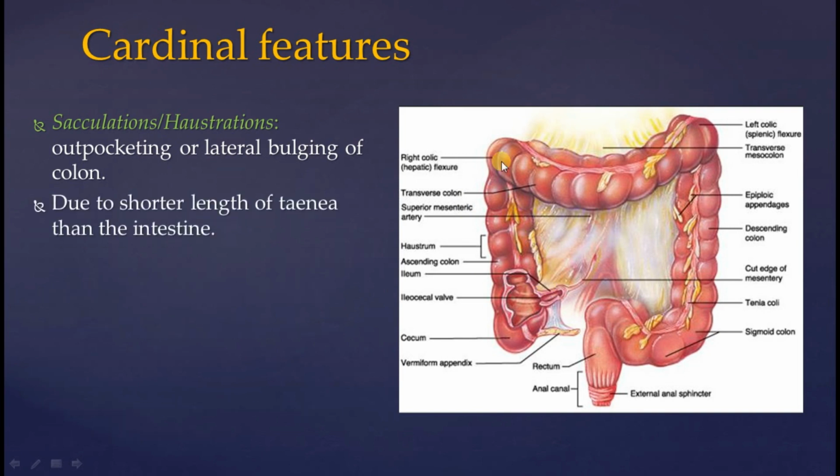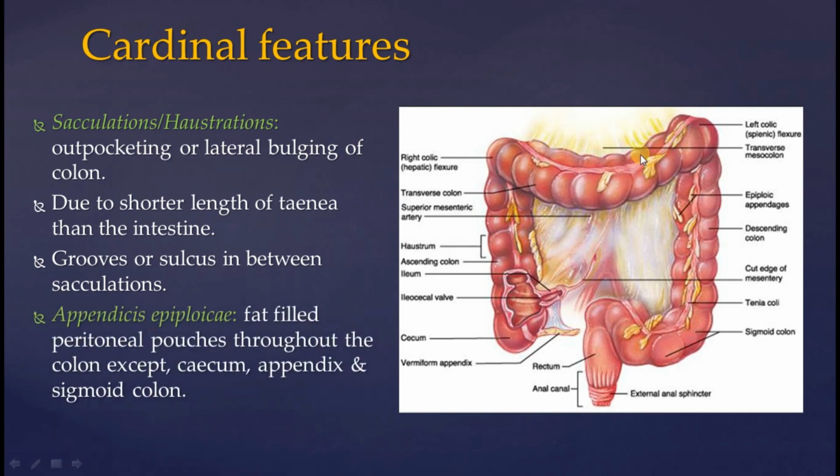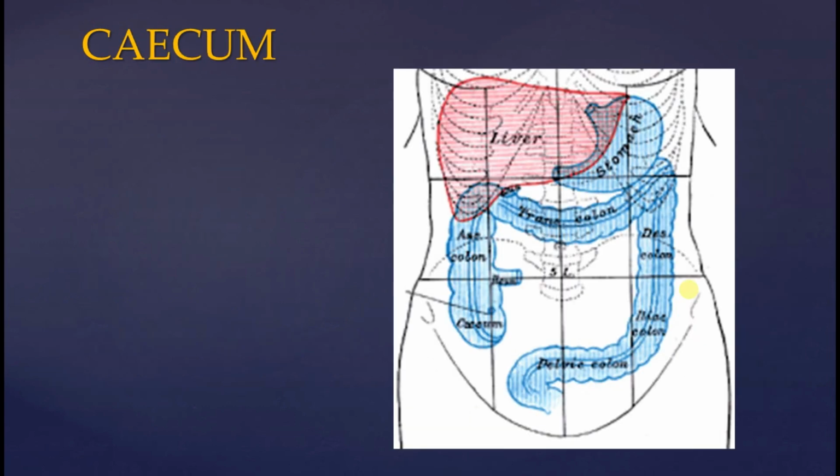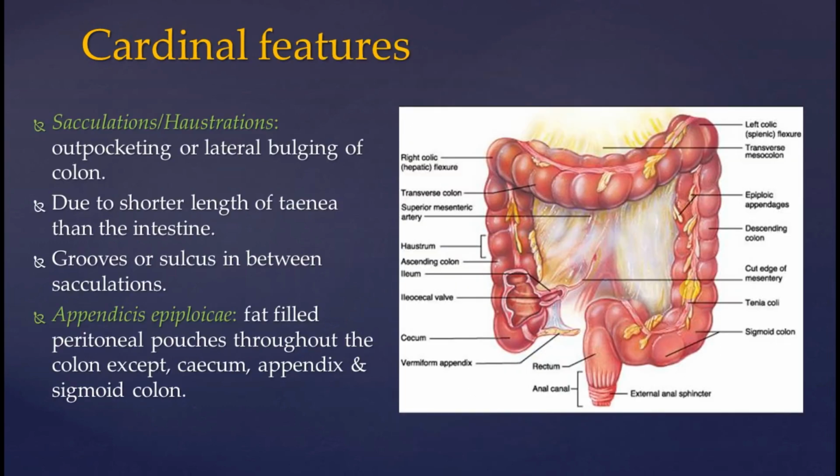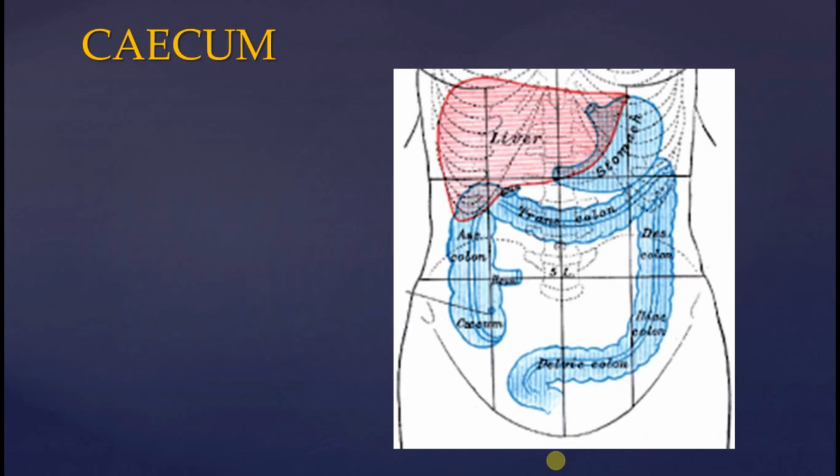In between you see the grooves or sulci. Then you see fat-filled pockets, which are called the appendices epiploicae, mostly seen along the descending colon and the ascending colon. You don't see them in the caecum, appendix and sigmoid colon. These fat-filled pockets are absent in the caecum, appendix and sigmoid colon.